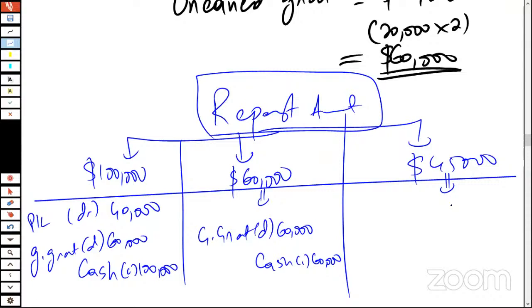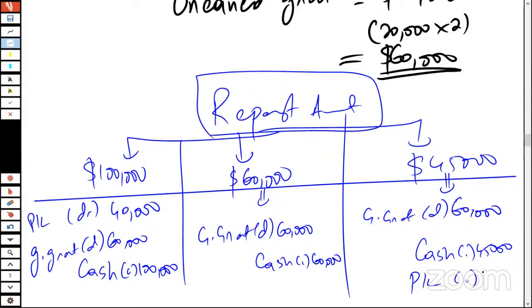We're simply going to say cash credited by 45,000. The government grant is going to be debited by 60,000, and you would now be recognizing an income of 15,000.